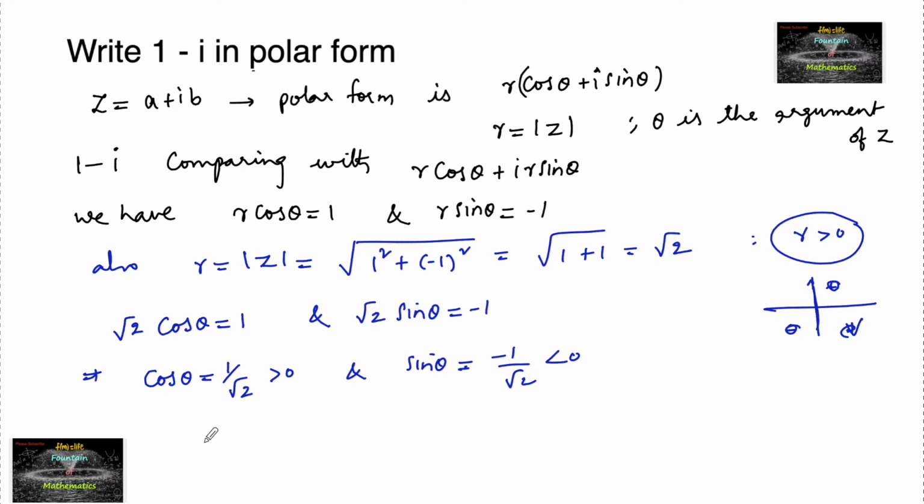Let's find the principal value, means acute angle, let us find. Cos theta is equal to cos pi by 4. Say alpha is equal to pi by 4, which is an acute angle.